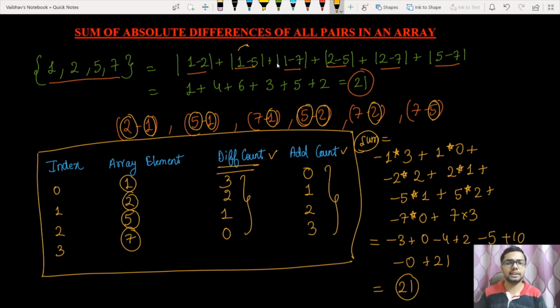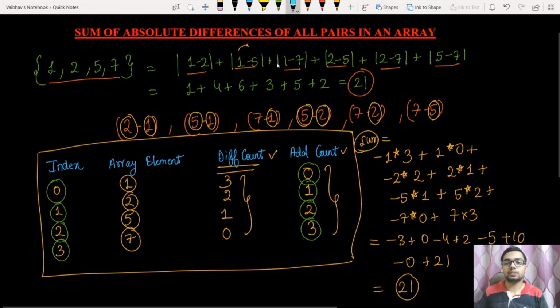If we are at index 0, we would clearly observe that the add count is 0, and similarly for the rest of the indices available inside this array, add count is equal to the index at which we are standing. So we can clearly write this as equal to i.